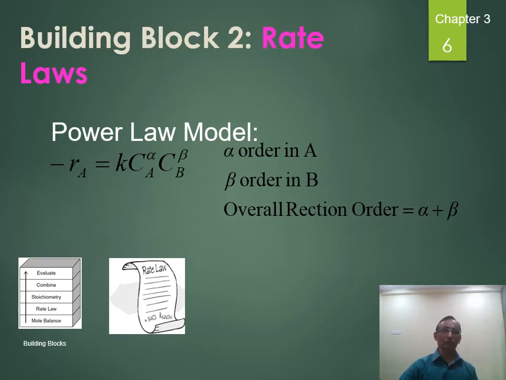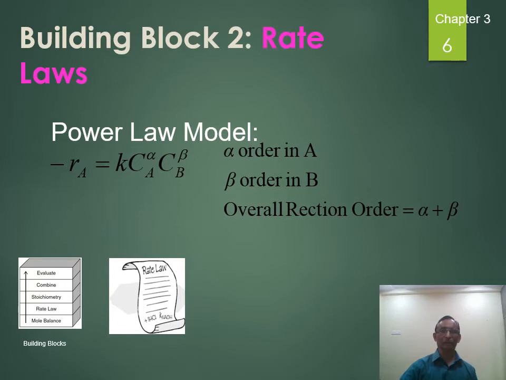To find out the rate of the reaction, first you are going to identify the order of the reaction. If you consider the rate, minus rA is equal to k CA raised to alpha into CB raised to beta. Alpha is the order with respect to A, beta is the order with respect to B, and the overall reaction order is the sum of alpha and beta.